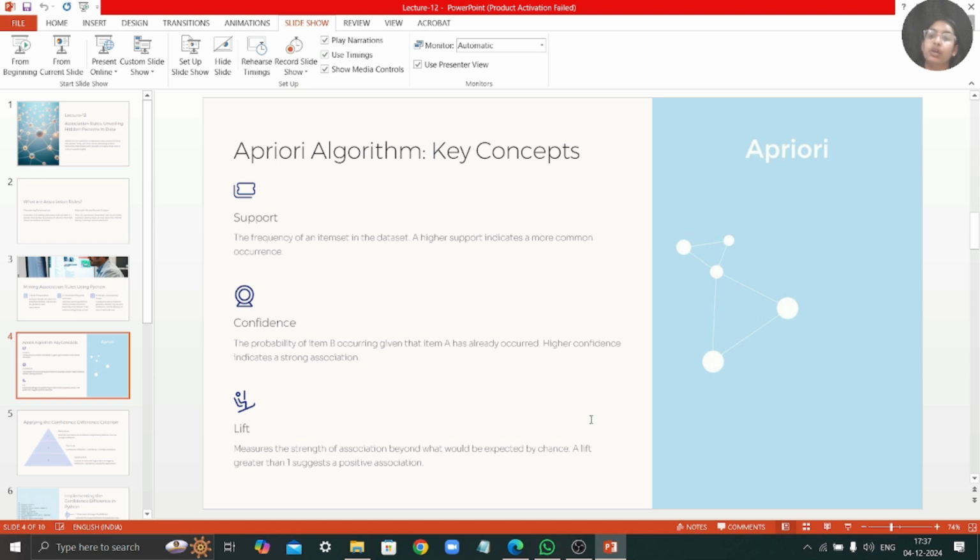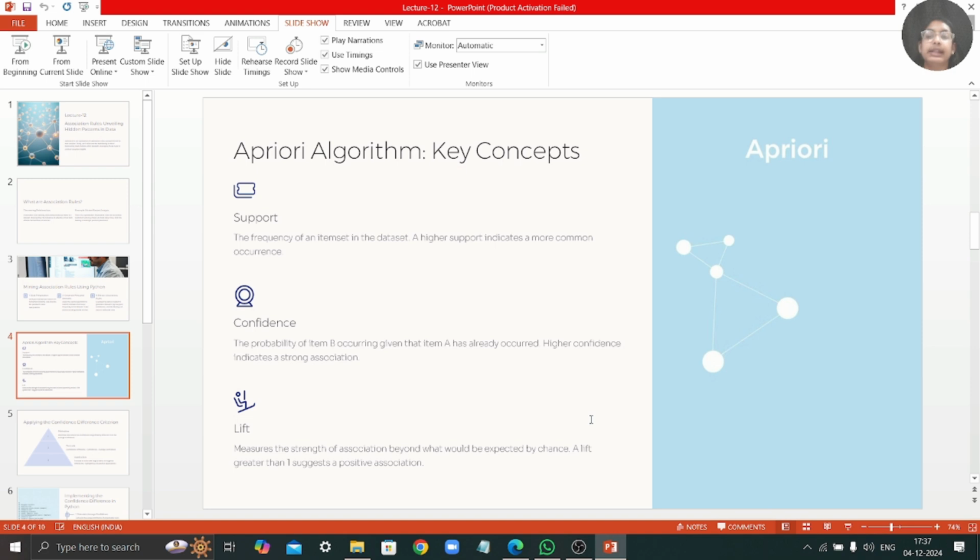We have support, confidence, and lift. Support is the frequency of an item set in the data set. A higher support indicates a more common occurrence. Like we have counted it: 5 times bread, 4 times butter, milk 4 times, and so on. Then we have confidence, the probability of item B occurring given that item A has already occurred.